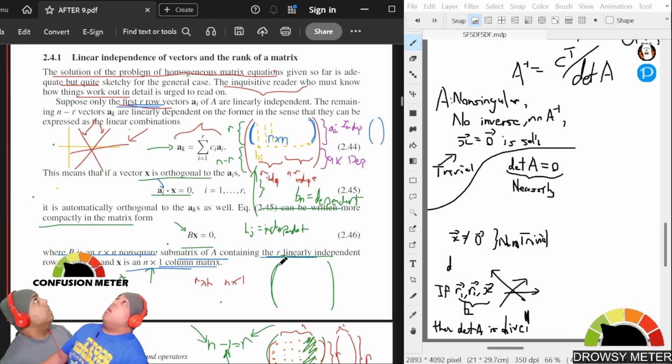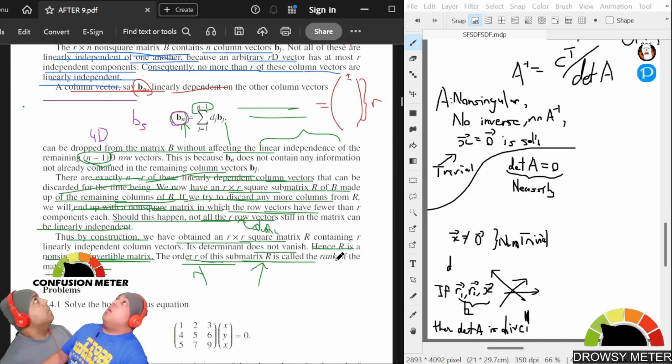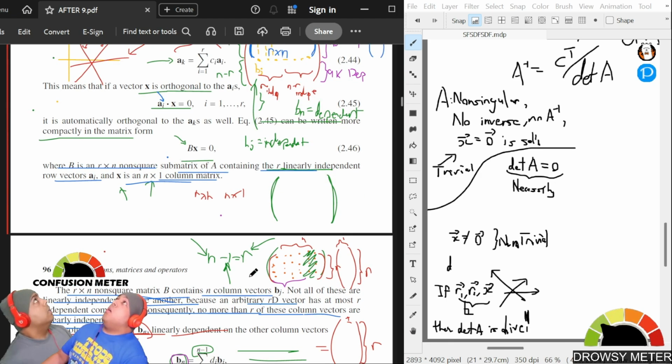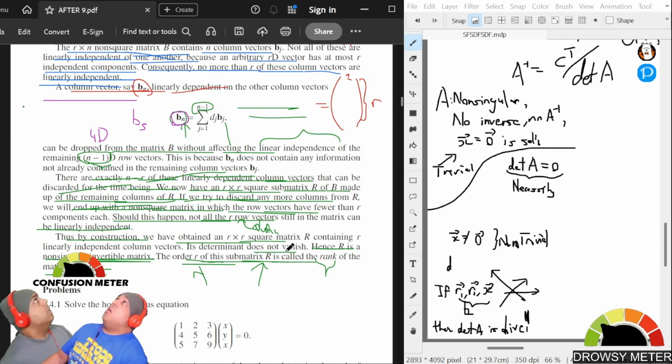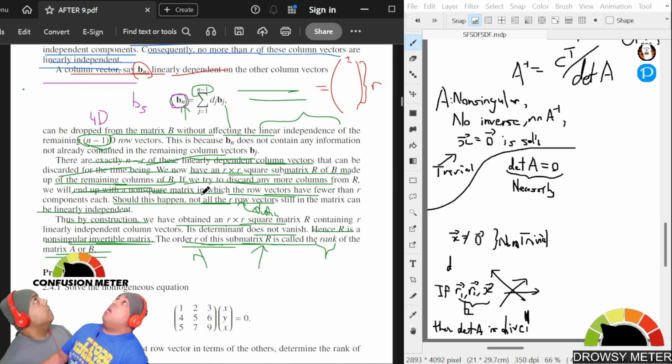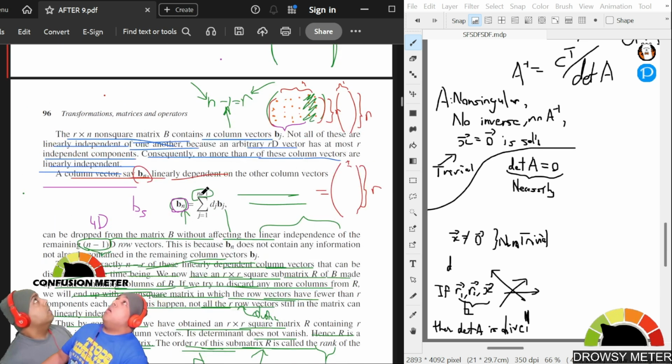Rank is about how many independent rows of vectors there are. Otherwise they would have a different name, like the mega rank. Unless this is a total contradiction, like two names for two different things.